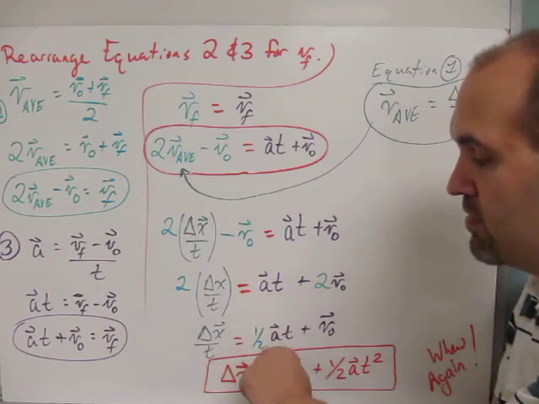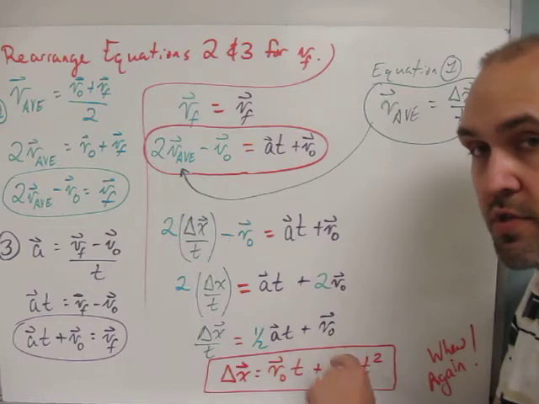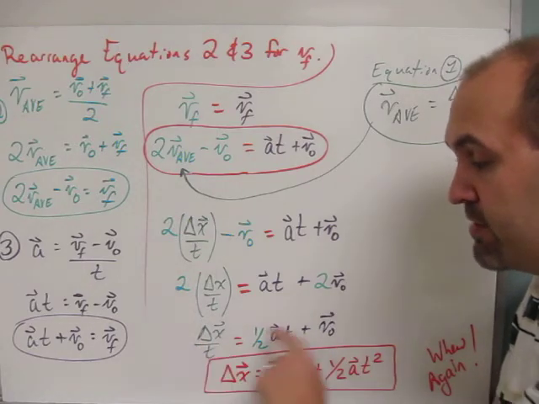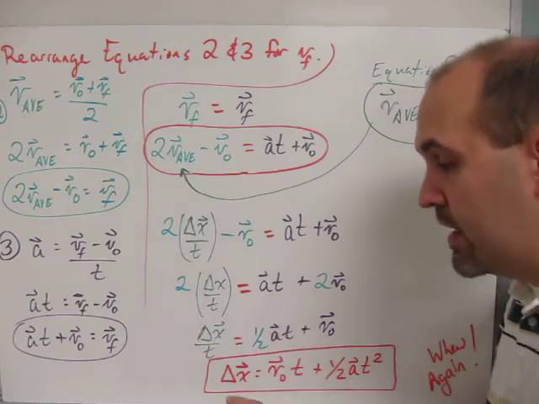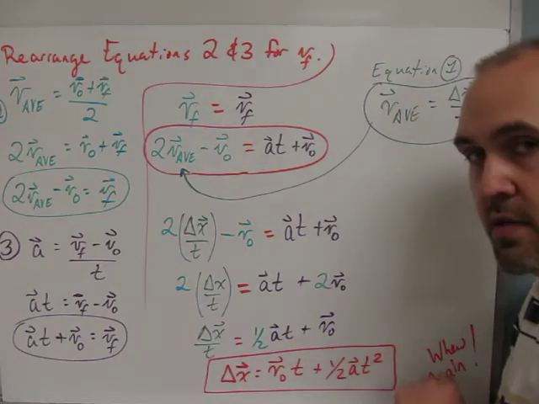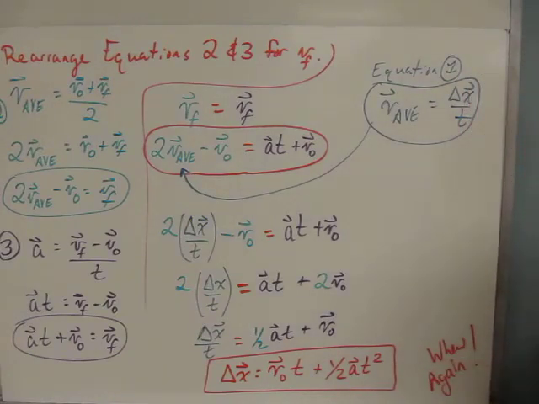Here I get 1 over 2, or a half, and 2 over 2, which is 1. And then in the last step, I multiplied everything by t. So every term by the time. Cancels the time here, I get t squared there, and I get v naught t here. So the final result here is this nice one boxed in red. Delta x is v naught t plus 1/2 a t squared.